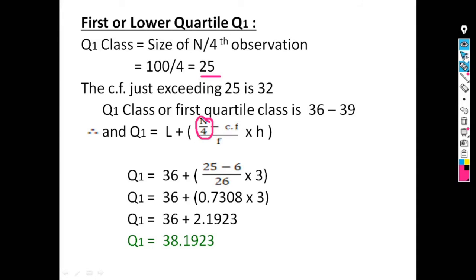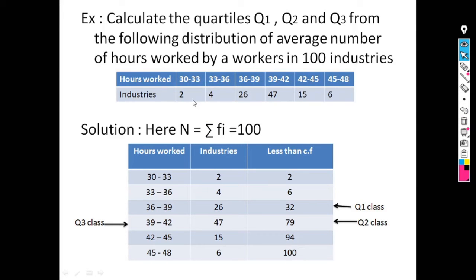Now we have to check the cumulative frequency which is just greater than 25. So 2 is less than 25, so this is not our Q1 class. Now 6 is also less than 25, so this is also not our Q1 class.